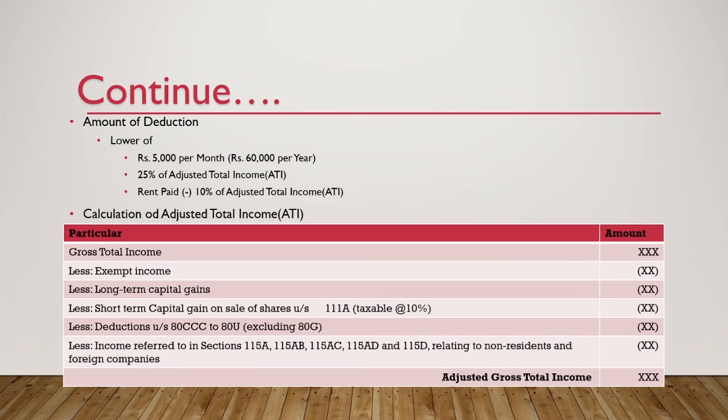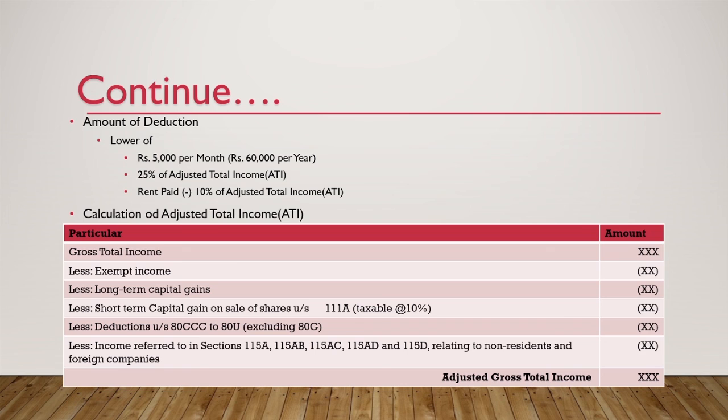Adjusted total income means gross total income minus exempt income, minus long-term capital gains, minus short-term capital gain on sale of shares under section 111A that is taxable at the rate of 10%, minus deduction under sections 80CCC to 80U excluding section 80G, minus income referred to in sections 115A, 115AB, 115AC, 115AD, and 115D relating to non-residents and foreign companies.